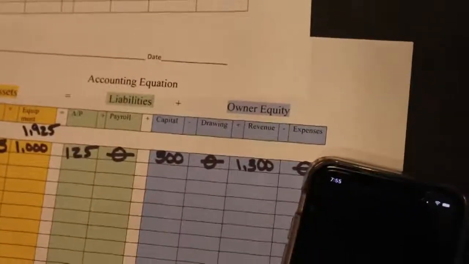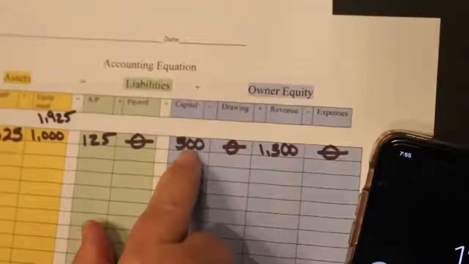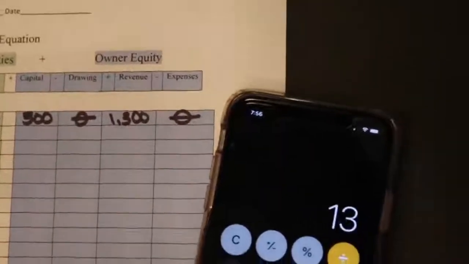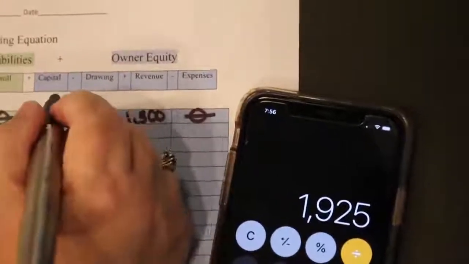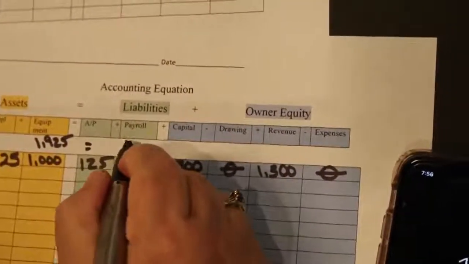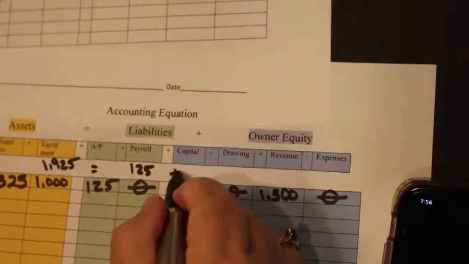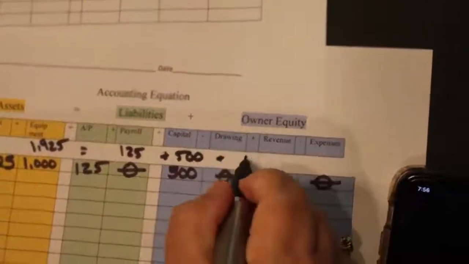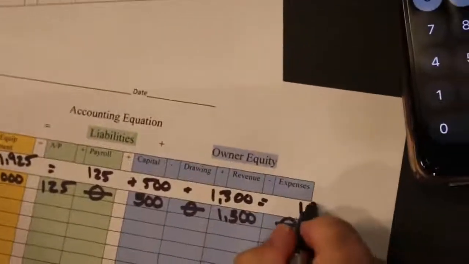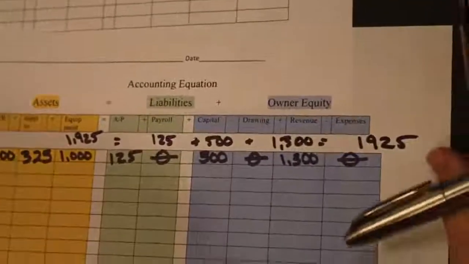So I'm going to take the accounts payable, 125, plus capital, 500, plus revenue, 1,300, equals 1,925. So they balance.